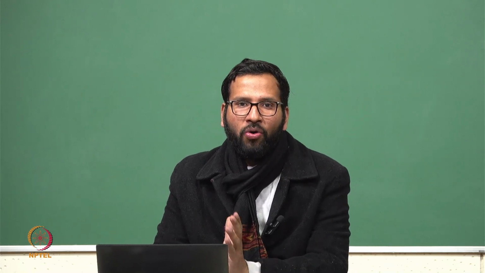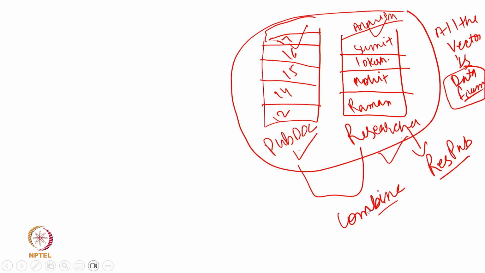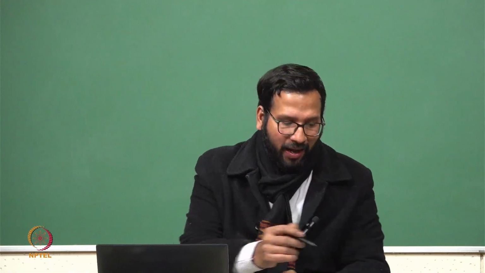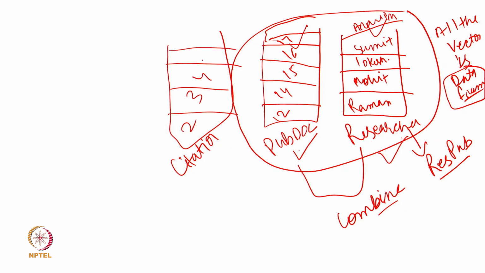Now say for example you want to add one more column to this data set. This particular data set has the name of the researcher, then the number of publications. Now you want to add one more column that stores the number of citations. How will you do that? The lengthy approach is that I'll create another vector like citation, then enter the values here like 2, 3, 4, 5.